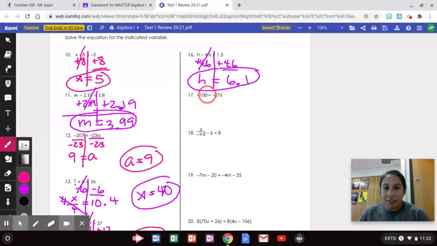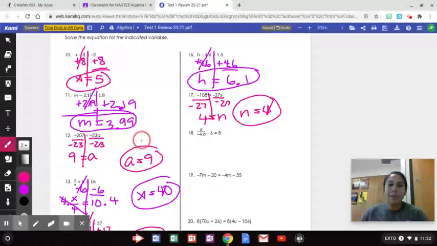Problem 17. X is being multiplied by negative 27, so I have to divide by negative 27. So these two give you 4 equals n, or n equals 4. Problem 18. Two-step equation, because it has division and it has a subtraction. Again, remember you always start with addition or subtraction. So the opposite of minus 6 is plus 6.